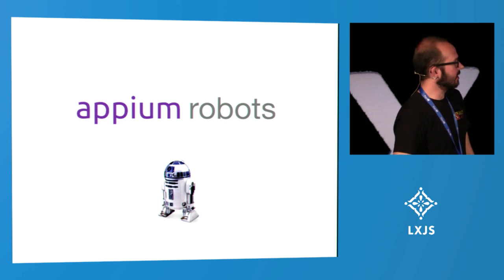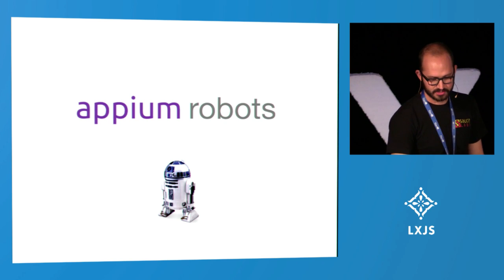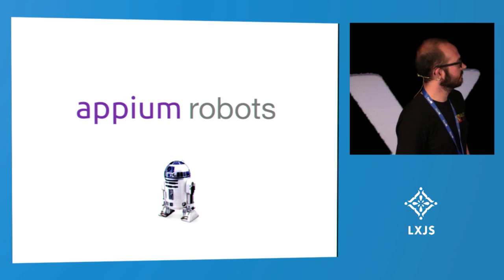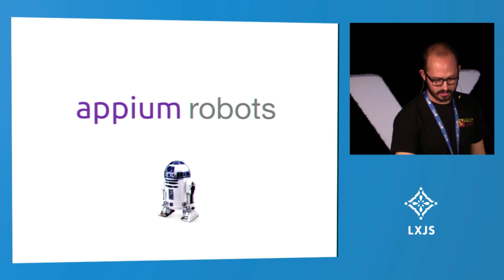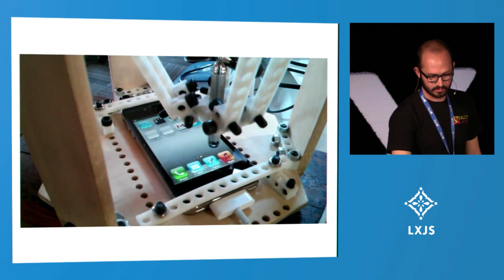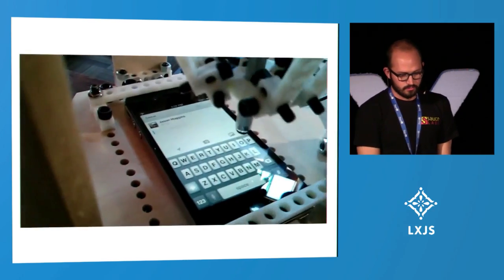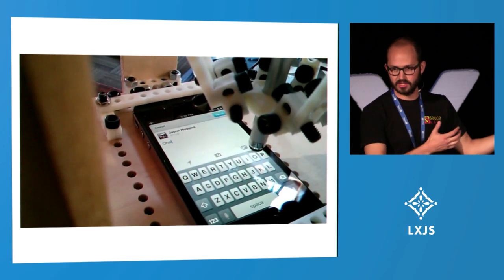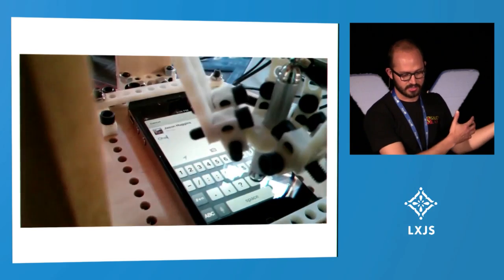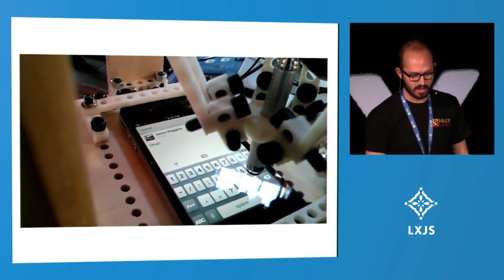And a tantalizing fun thing about Appium is that it has a physical robot integration. There's a robot actually using Appium to pick out individual keys on a keyboard and send a tweet that just says, oh, hi. It's kind of cool because using Appium, you can get a handle on elements and you can get their X and Y position on the screen.